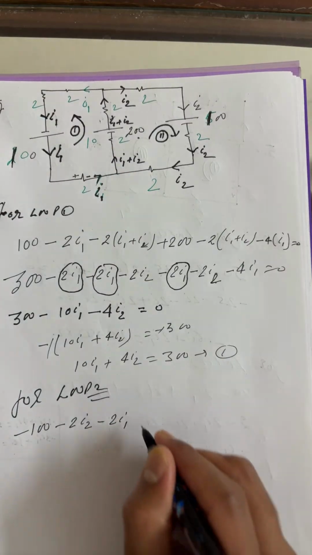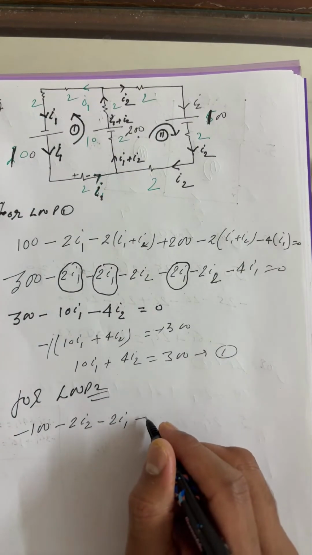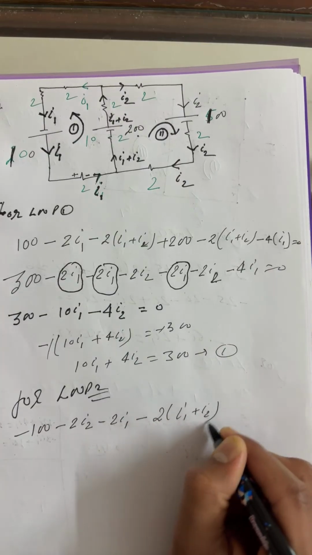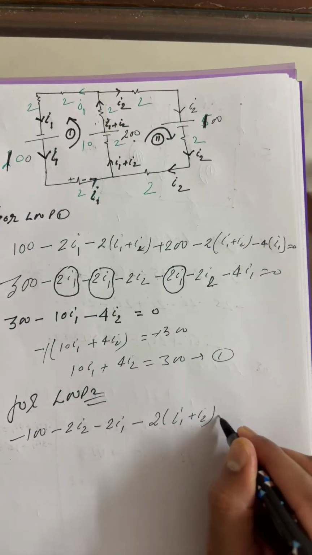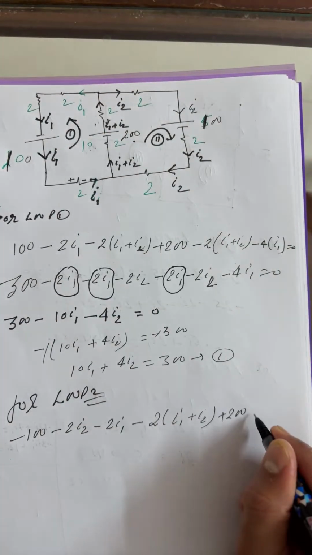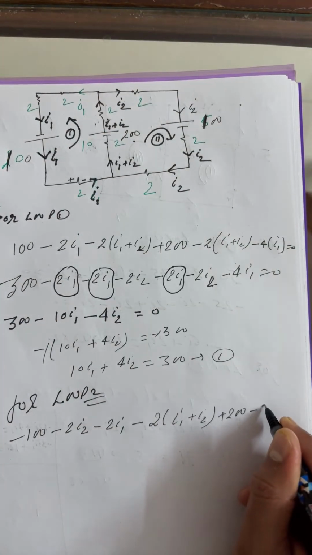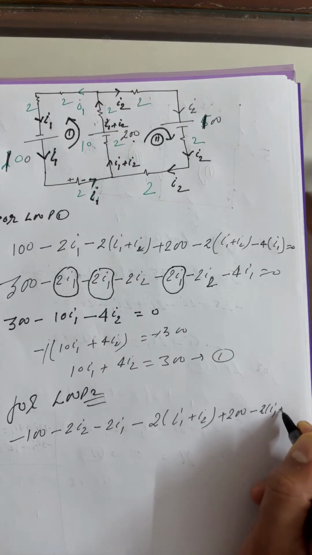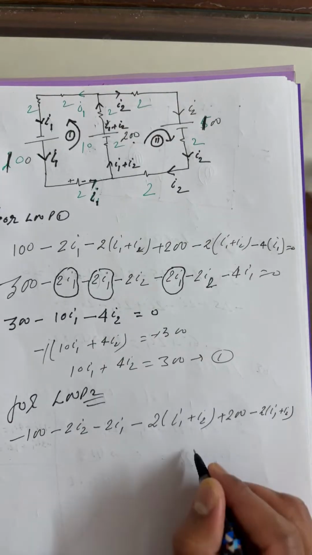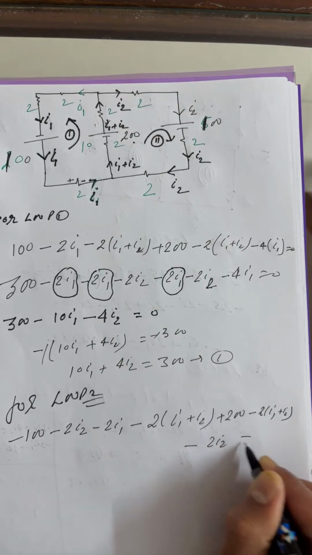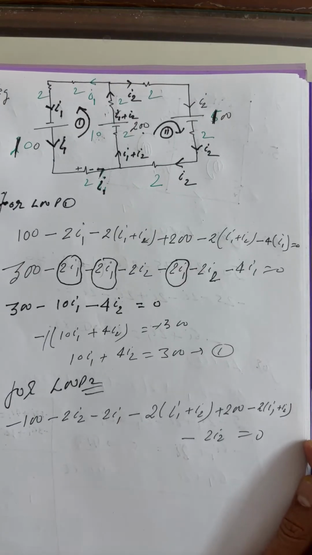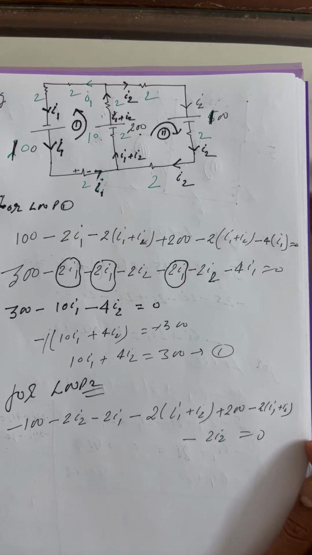Here bacha party, minus twice of I1 plus I2. Minus 2 plus plus, which I think 200. Beta minus twice of I1 plus I2. And here again minus twice I2 is equal to 0.